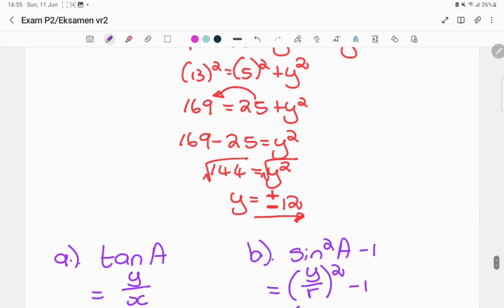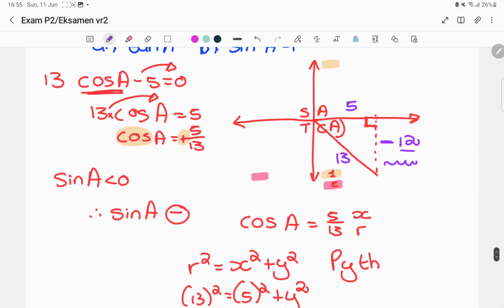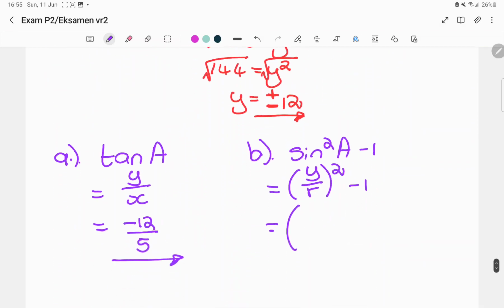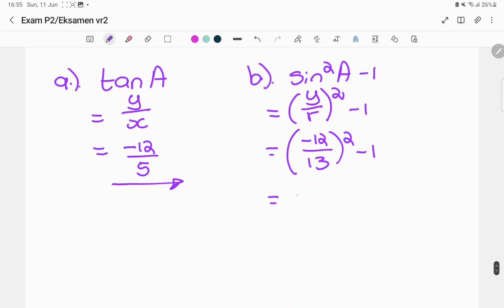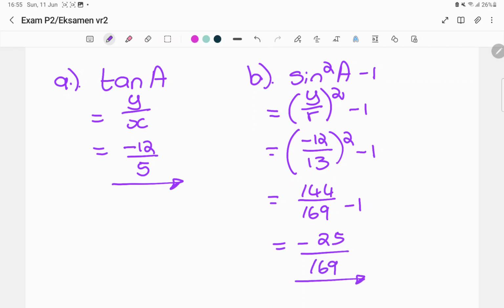Then my y value is negative 12, my r value is 13, squared, minus 1. So this will be 144 over 169 minus 1. And if I calculate that, I will get minus 25 over 169.